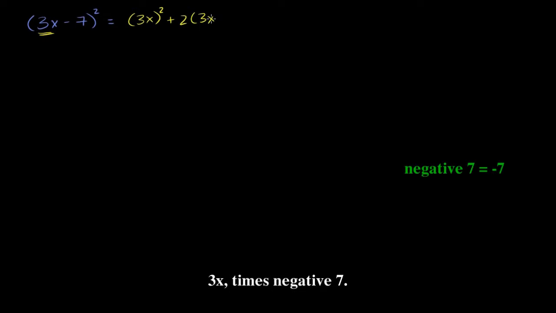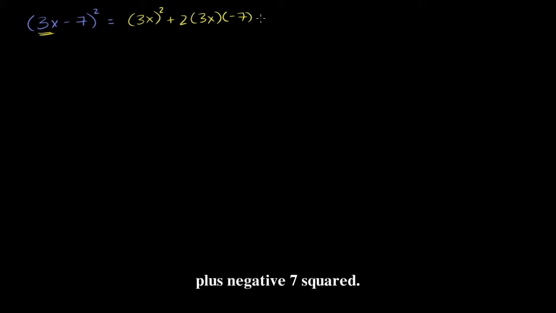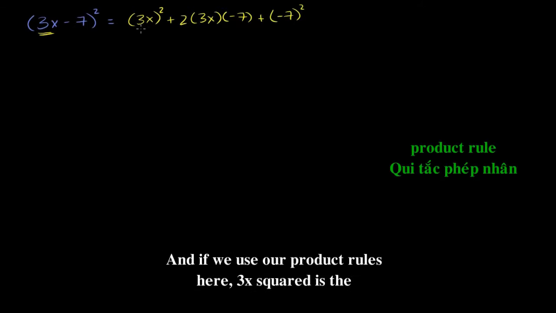So this is going to be equal to 3x squared plus 2 times 3x times negative 7, right? We know that is 2 times the product of these terms, plus negative 7 squared.